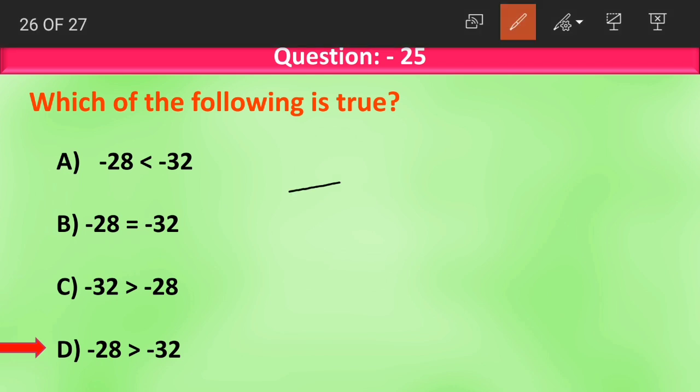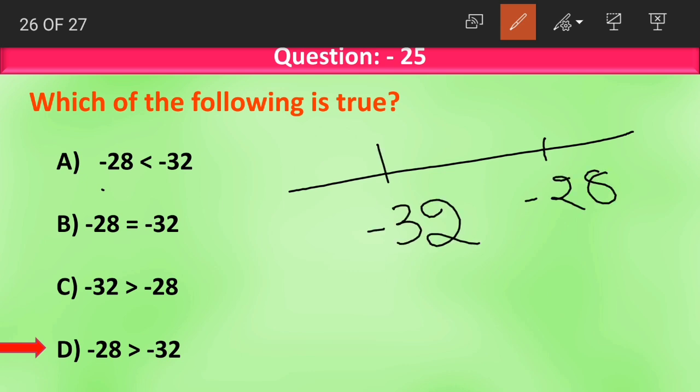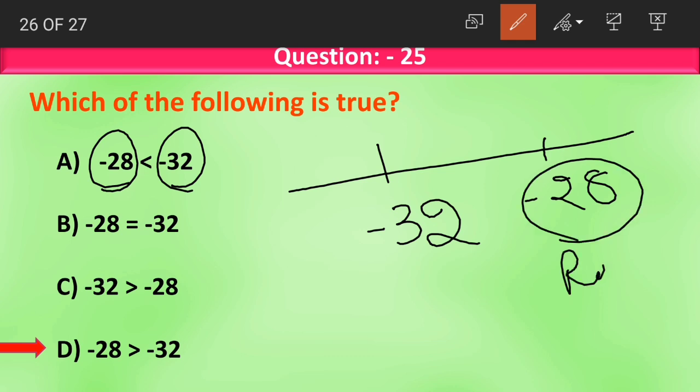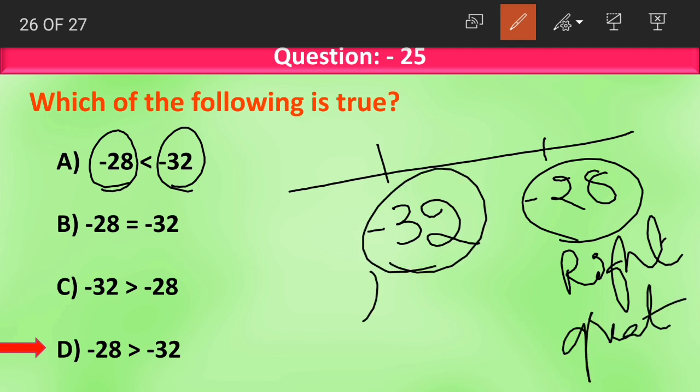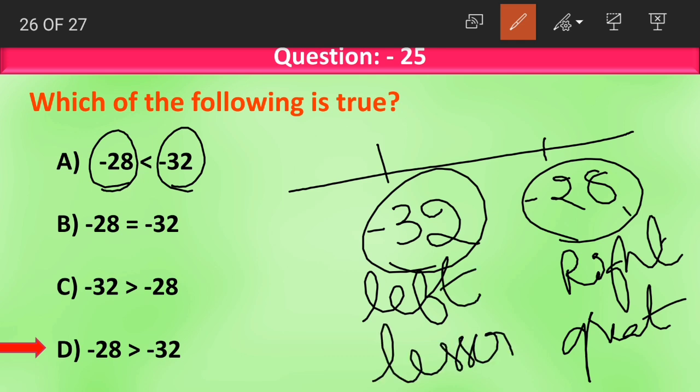What should we do here? First, we draw a number line and place both the integers on it. What are the integers here? Minus 28 and minus 32. Now minus 28 is on the right side, so this will be the greater number. Minus 32 is on the left side, so this is the lesser or smaller number.